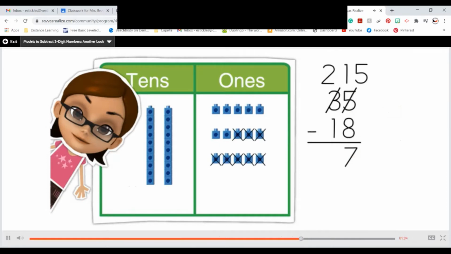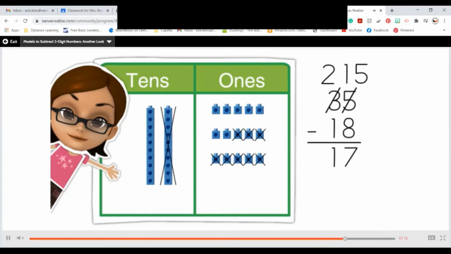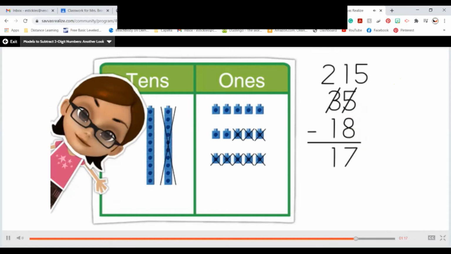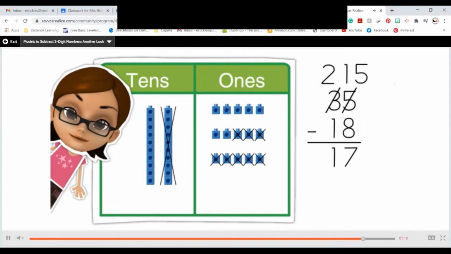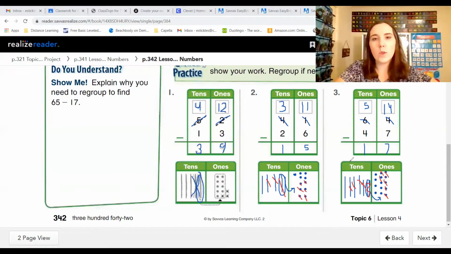Great job! And I have the really easy part. 2 tens minus 1 ten equals 1 ten. So 35 minus 18 equals 17. We did it! We make a great team, Marta. We sure do. Okay, let's go ahead and turn the page to do some more practice.